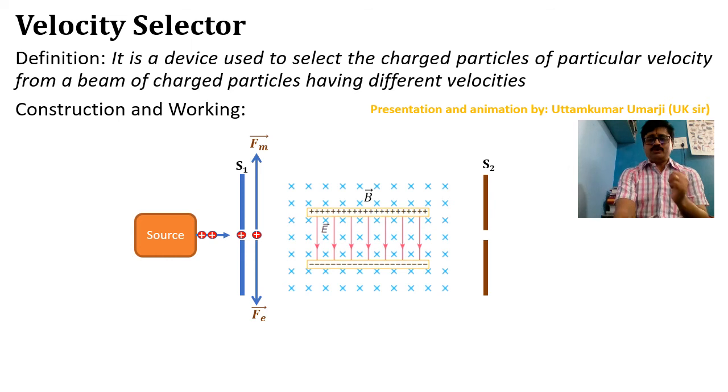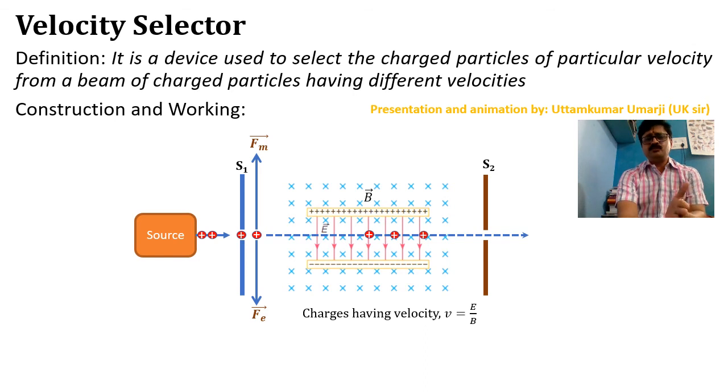Those charged particles bearing the velocity equal to E by B will have zero acceleration. Thus, they will move through this velocity selector's cross field undeviated. So how do those charged particles having V equal to E by B move? Very simply, they come out of the slit S2 undeflected.